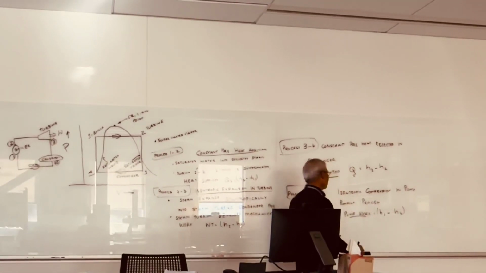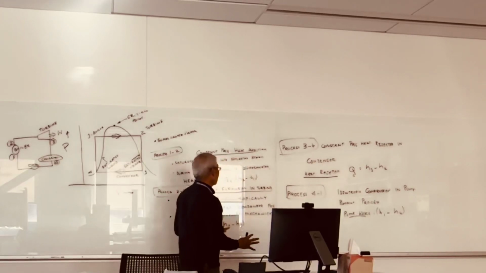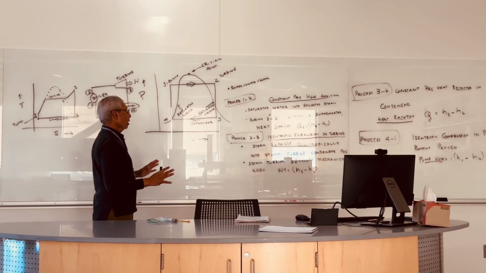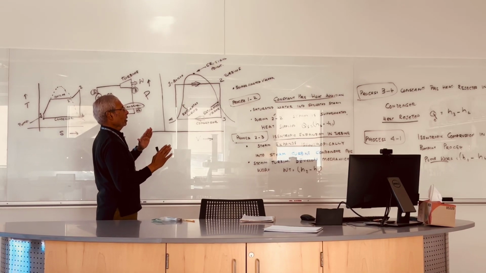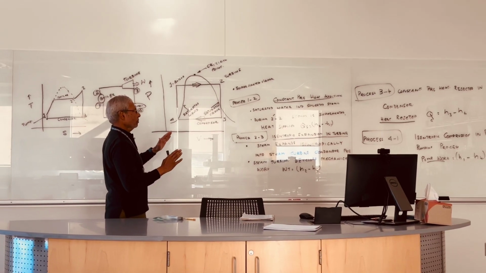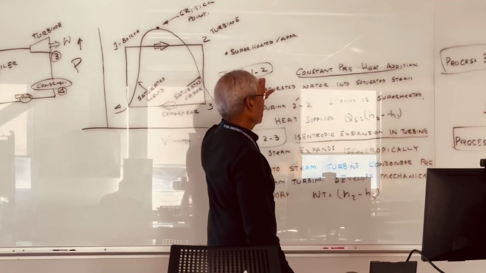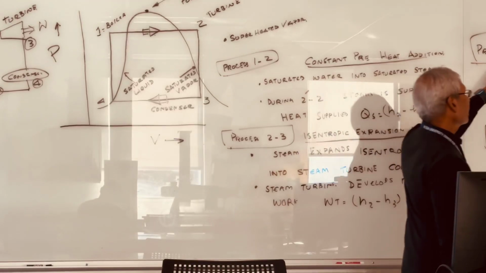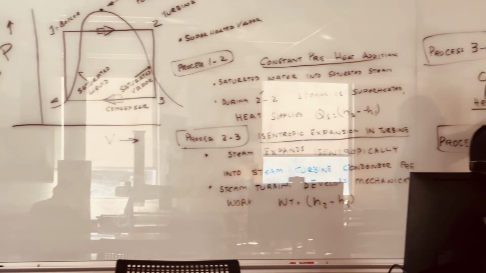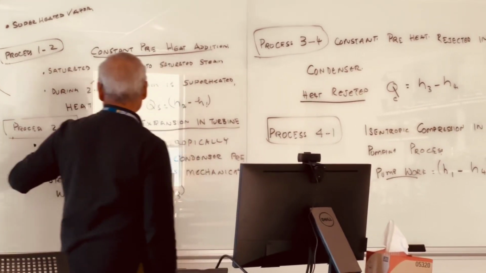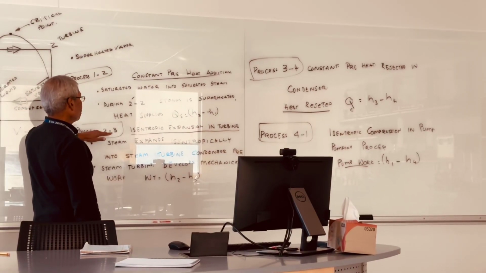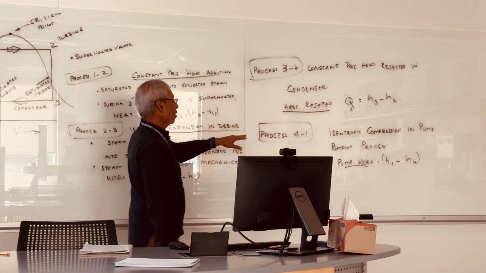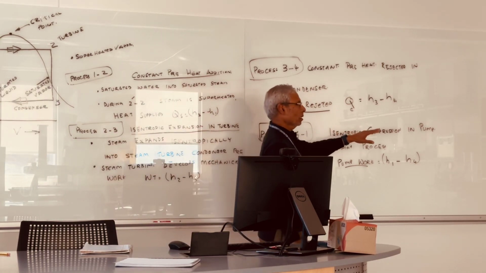What is important here is to understand the 4 processes. Two processes are constant pressure. For example, 1 to 2 is a constant pressure heat addition, and 3 to 4 is a constant pressure heat rejection. Then you have process 2 to 3, isentropic expansion in the turbine, and 4 to 1 is isentropic compression in the pump.